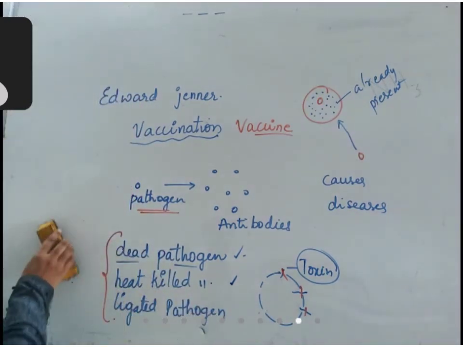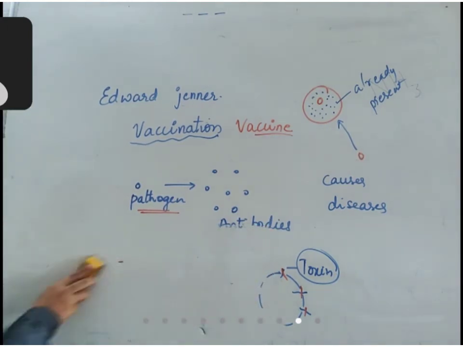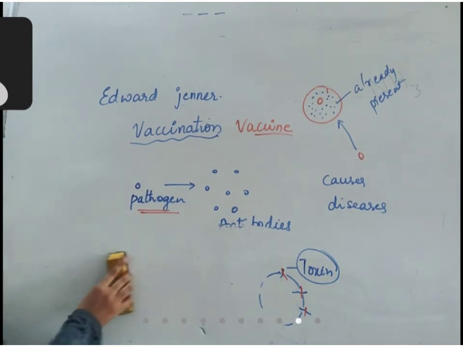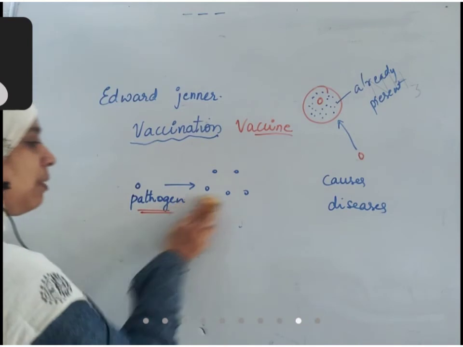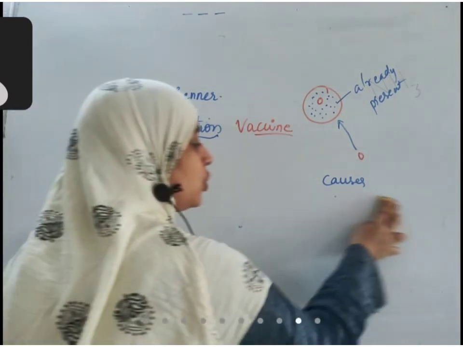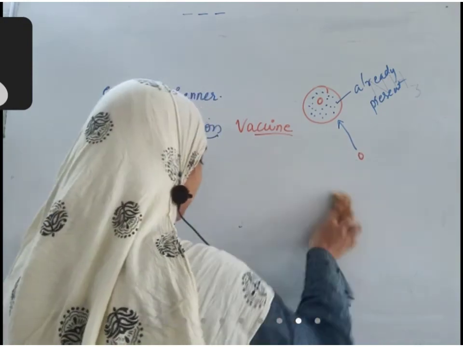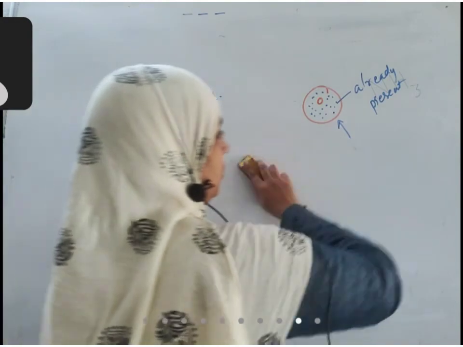So again the pathogen is not allowed to enter. Our immunity has a very good advantage that it has memory. Our immunity remembers the pathogens. So once you are infected, most of the diseases you will not get a second time.